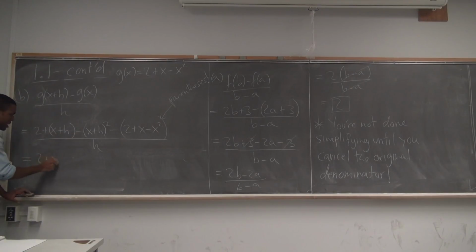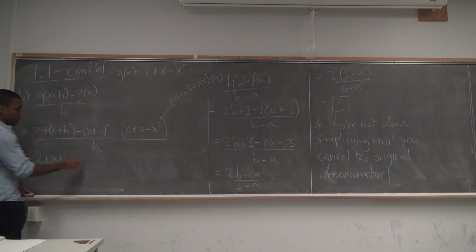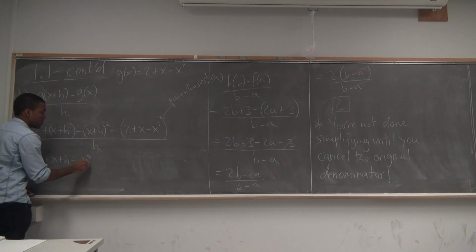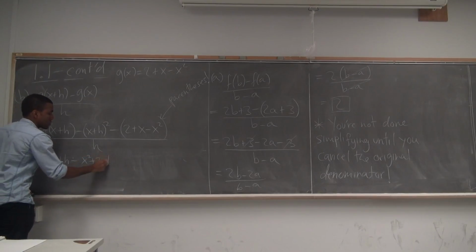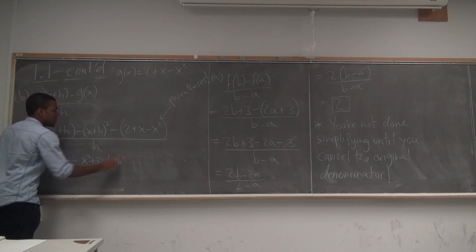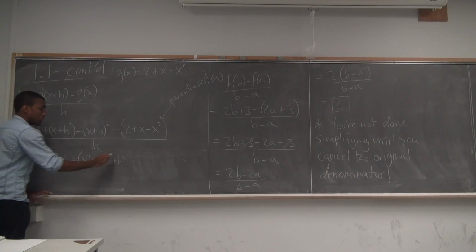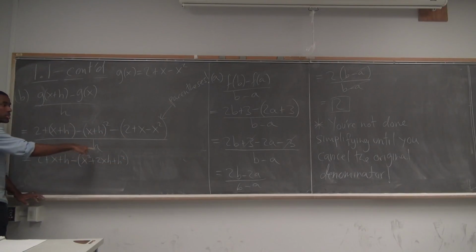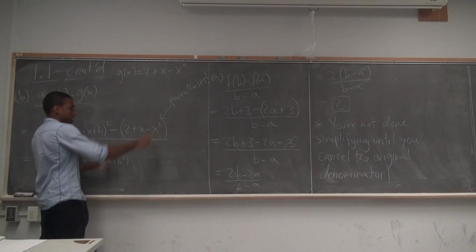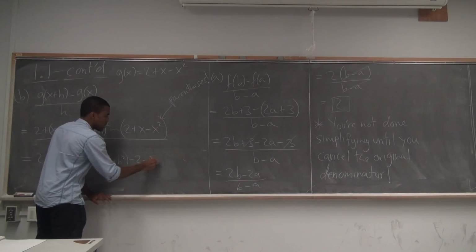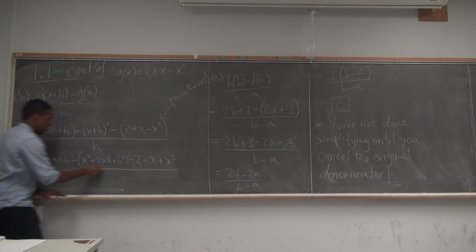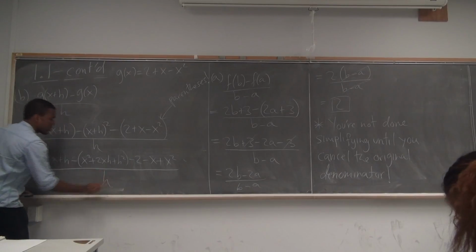Nothing, I can just remove the brackets basically. What do I get? x squared plus 2xh plus h squared. And this also stays in parentheses. That negative sign has to be distributed. At this point, I can expand the parentheses here. That's all over h.